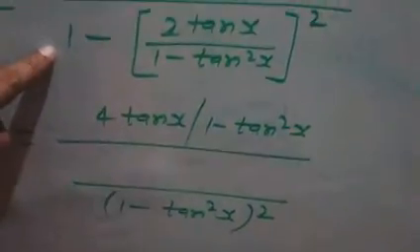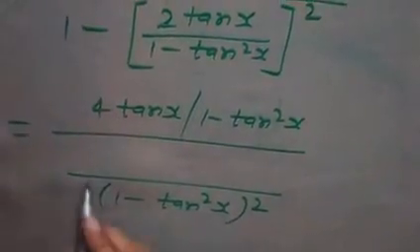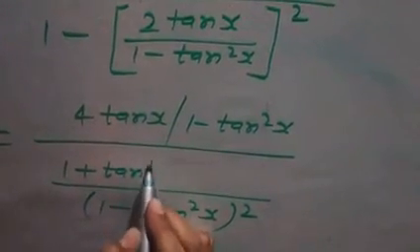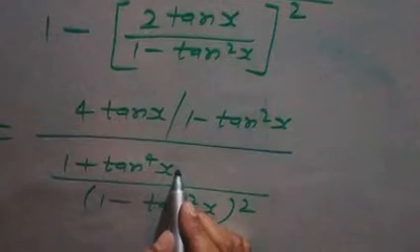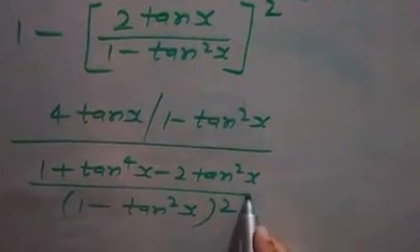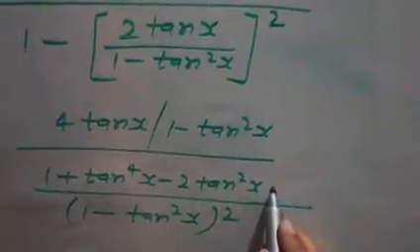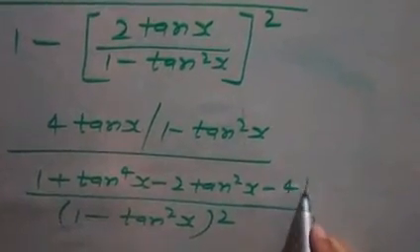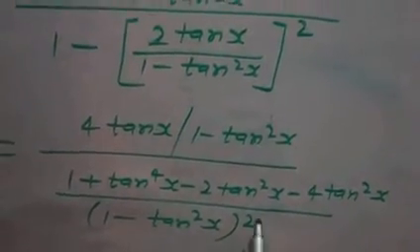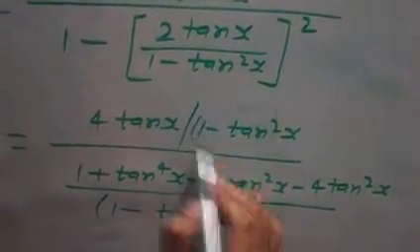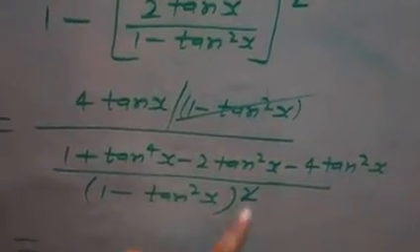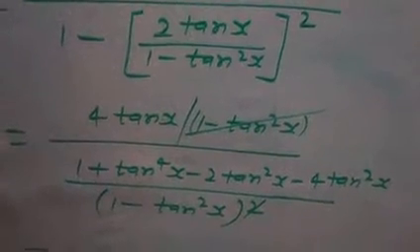So we have to open the bracket: 1 plus tan to the power 4 x minus 2 tan square x, and here this square means minus 4 tan square x, and you can understand that 1 minus tan square x whole square will be cancelled by this section.